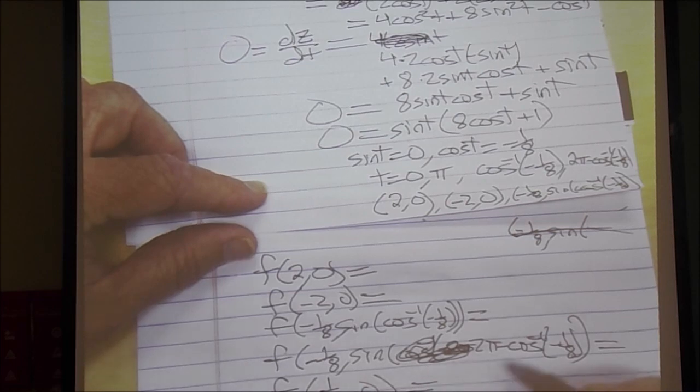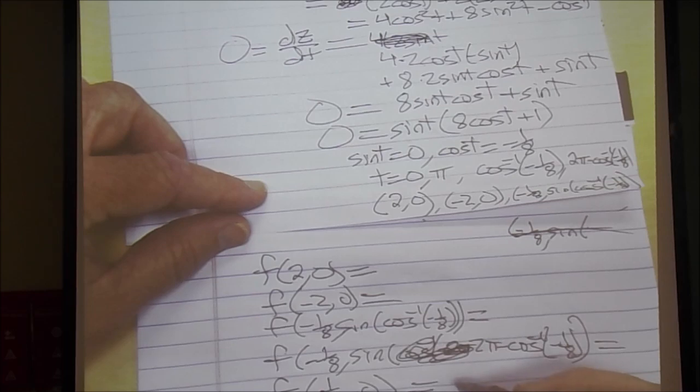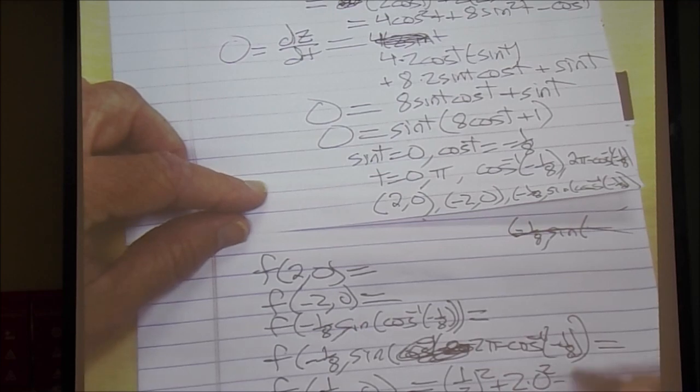This one, if you plug it in, comes out to be, let's see, 1/2 squared, that's x squared, plus 2y squared, which is 2 times 0 squared, minus x, which is minus 1/2, comes out, looks like, to be minus 1/4.